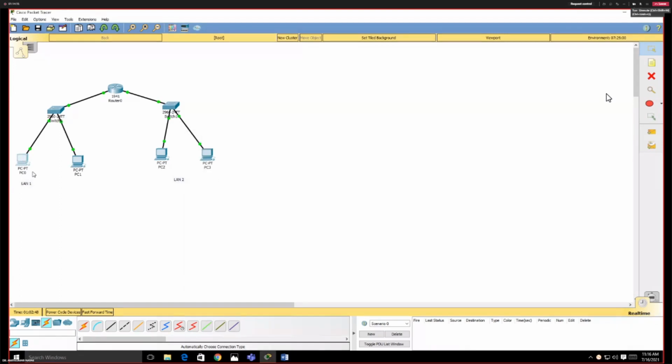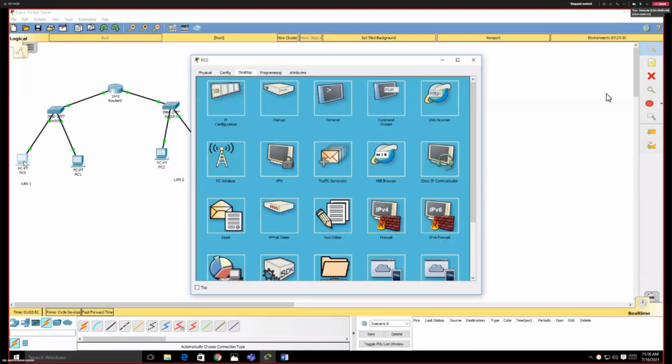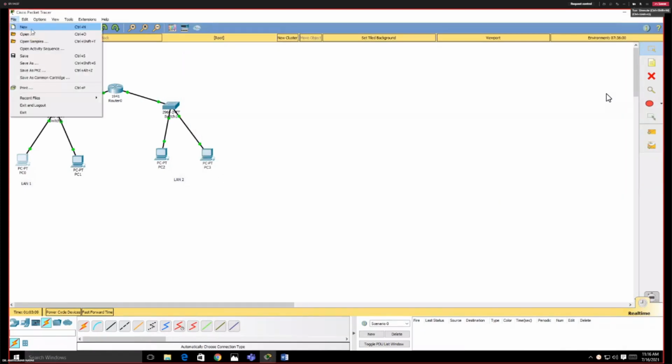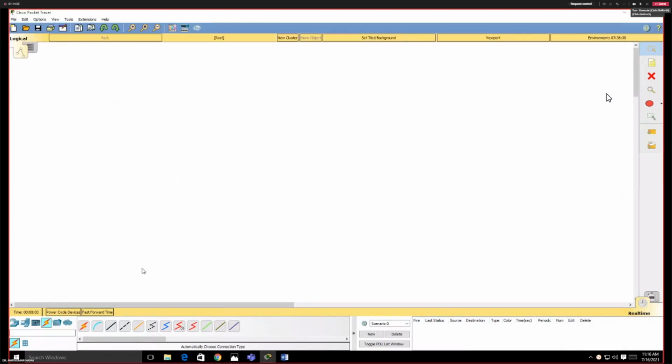In LAN 1 and LAN 2, if I click on PC0 and then on the IP configuration part, PC0 has IP address 172.16.0.2. Okay, let me explain with the topology from scratch.